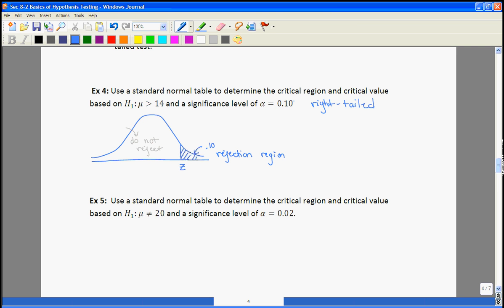And that gives me a z-score of 1.28. Now, if you were looking on your table, you probably had to look on the negative z-score, but knowing that this is a right-tailed test and knowing that a normal curve is symmetric, go ahead and make that positive 1.28 because you're in the right tail.